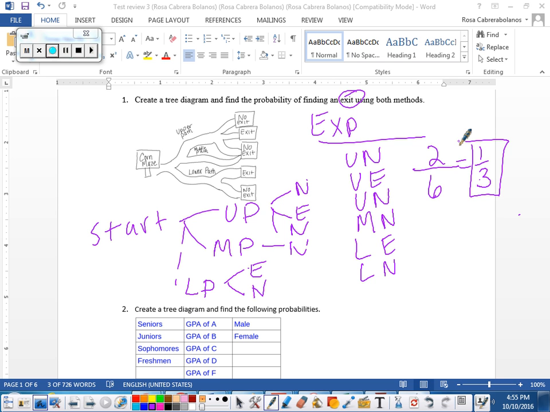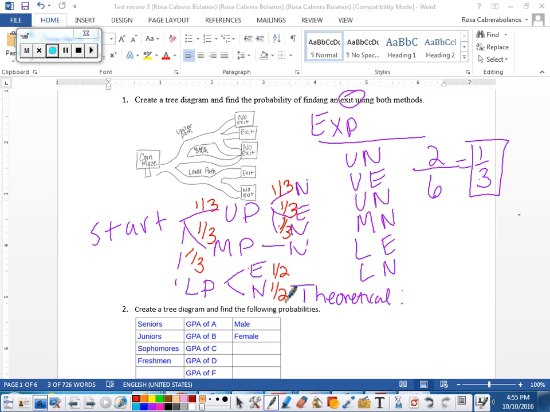Now for theoretical, this is where you have to put your fractions in. So this was 1/3, 1/3, 1/3, because there were 3 options. And then same thing, these are all 1/3. And then you have your 1/2 and 1/2.